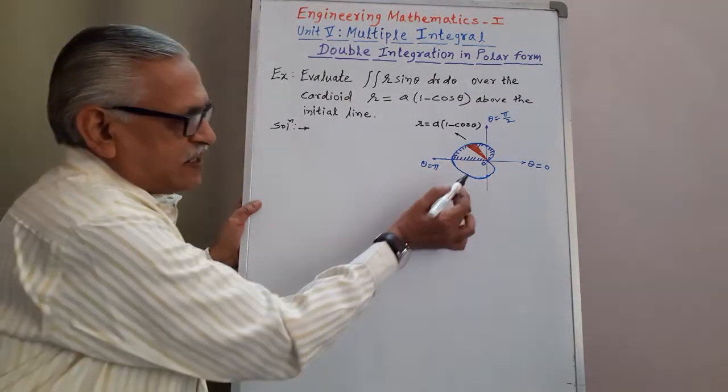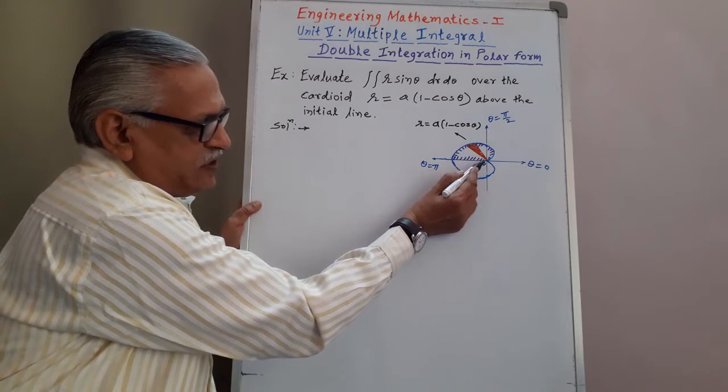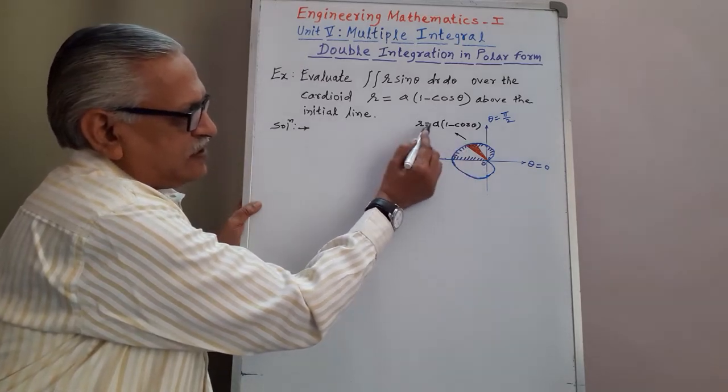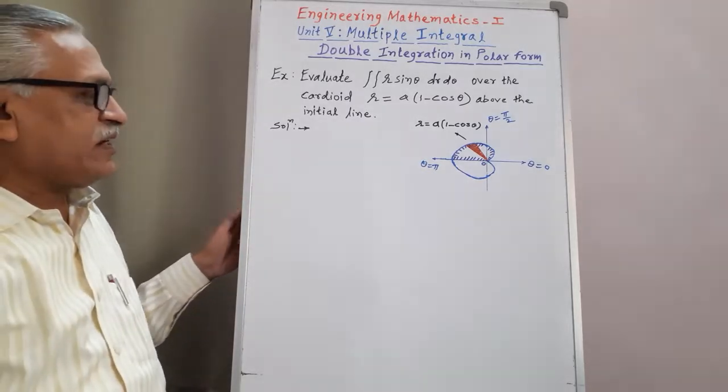And then making a strip, an elongated strip, whose lower end is on the pole and upper end at the curve r equals a into 1 minus cos theta.